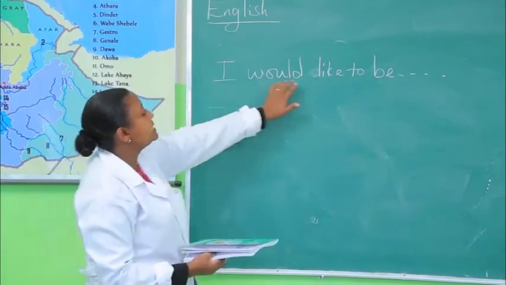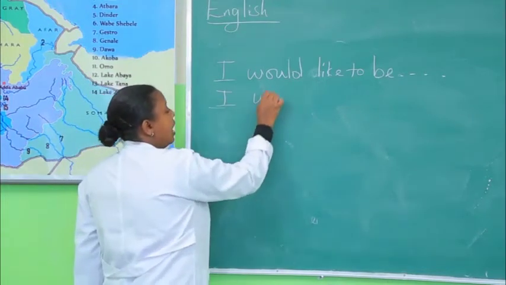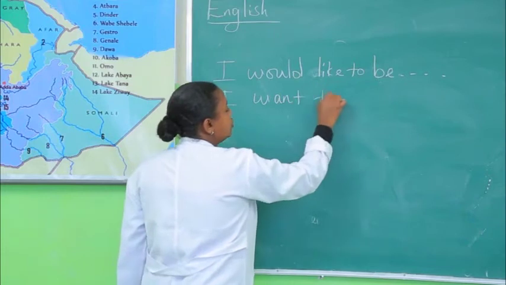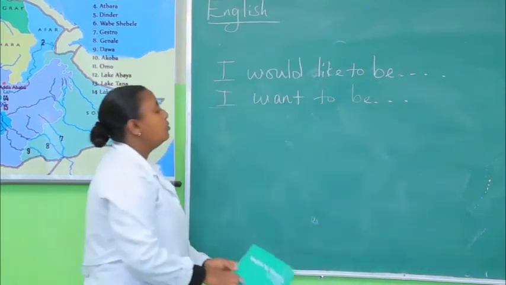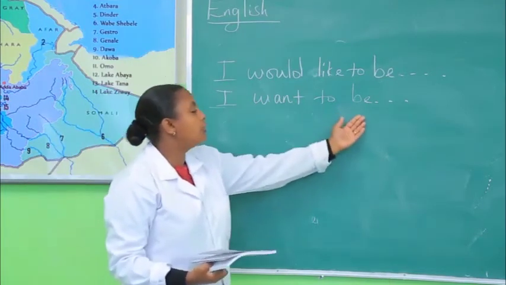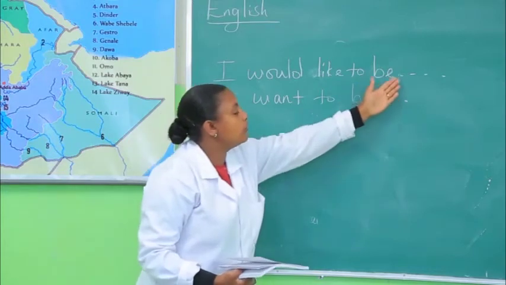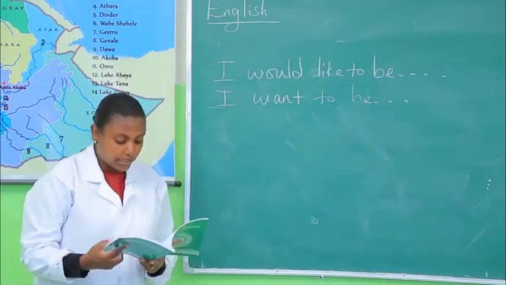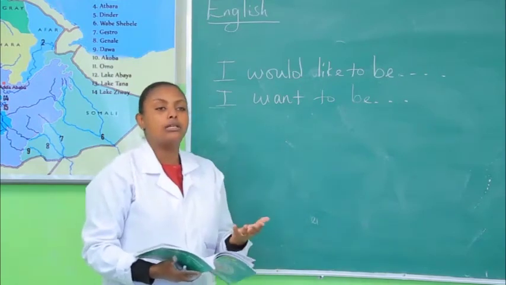So you can use this statement to express what you want. You can also say "I want to be" a doctor, a physician, or something, the professions that you can fill in the blank space. So what does Roman want to be? A doctor.